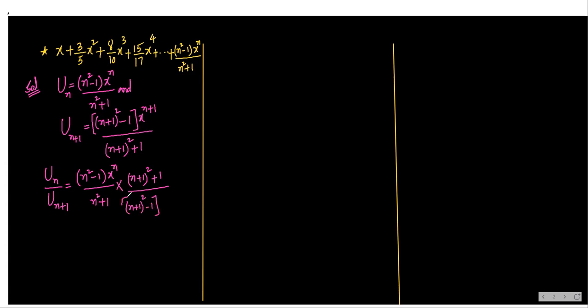And x power n plus 1 we write as x power n into x power 1. Some of the terms cancel, like this one with this one.